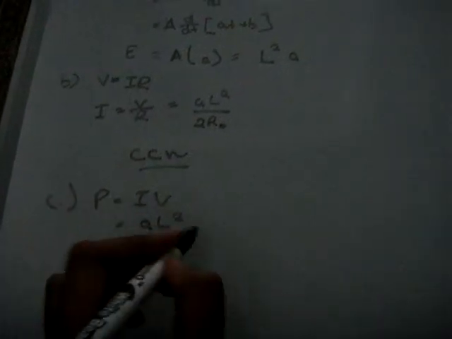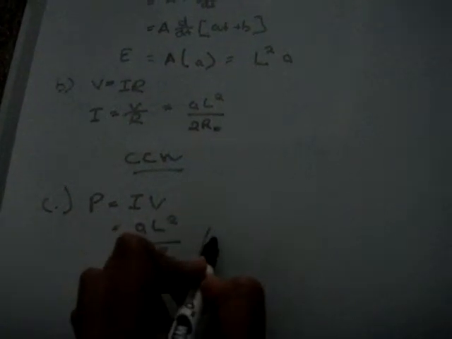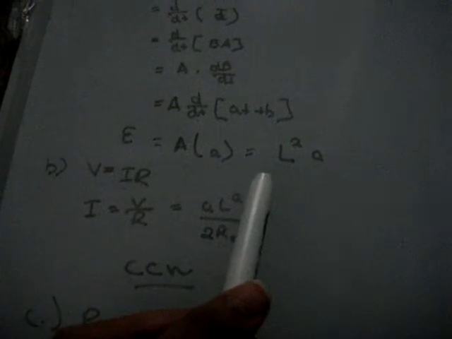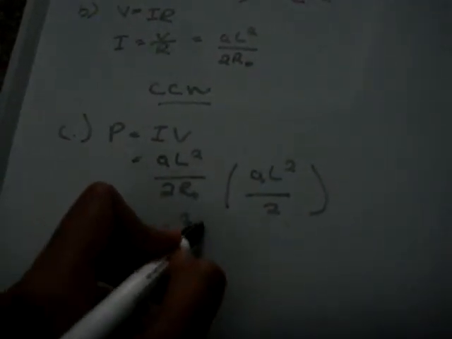And now you have to multiply that by V. And V would be A L squared over 2, because this is the emf for the total circuit, but we want to know it just for one of the bulbs, so we have to divide by 2, and then we get that. So then when we figure this out, we get A squared L to the 4th divided by 4 R initial. Okay, so that is the power dissipated.